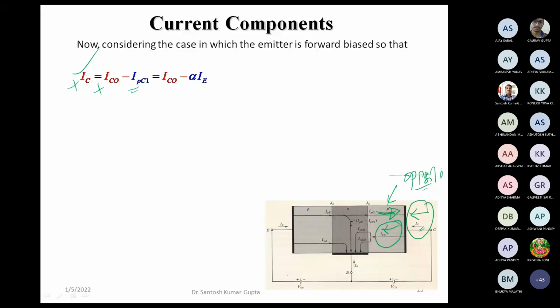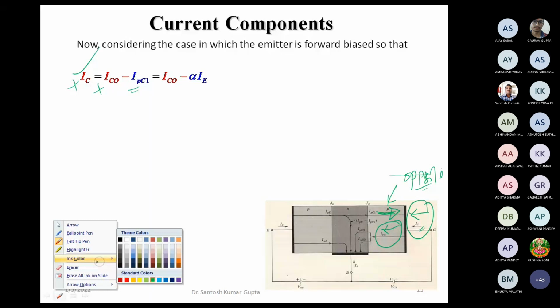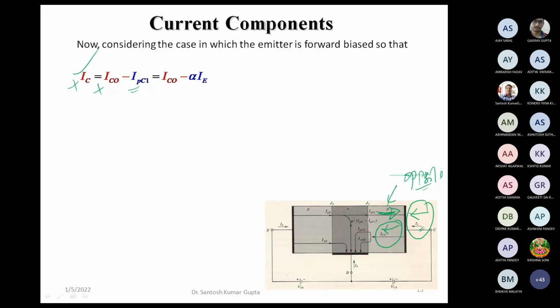Now from here, a different representation is adopted, in the sense that a part of IE being collected by the collector is called IPC1.